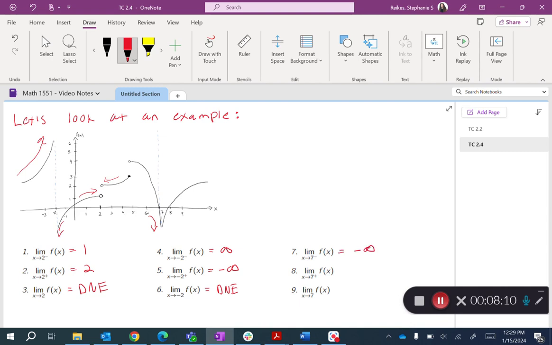And the limit as x approaches 7 from the right-hand side is also decreasing forever, so we will say that is negative infinity. We see the left-hand and right-hand limits are indeed equal to each other, so for all intents and purposes, we would say the limit as x approaches 7 of this function is indeed negative infinity.